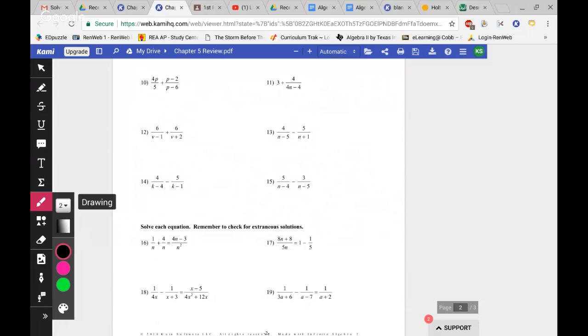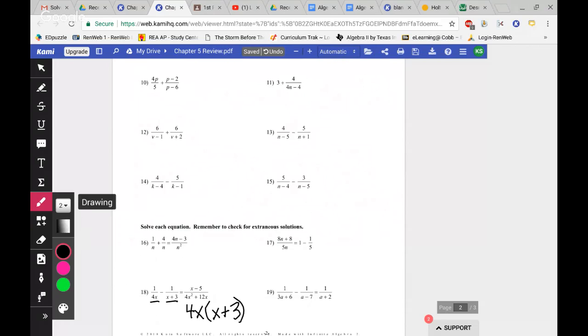So the only one from here that really looks like it can be reduced further is the 4x squared plus 12x, which is going to reduce to 4x times x plus 3. That's cool because we've got the 4x here and we've got the x plus 3 here.